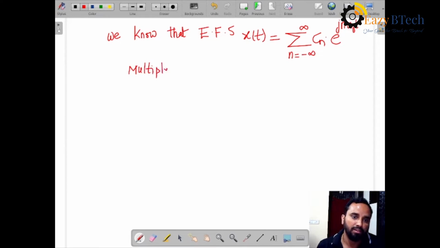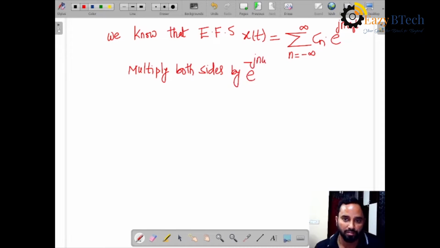Multiply both sides by e to the power minus jn omega naught t. Multiply by this and integrate both sides.